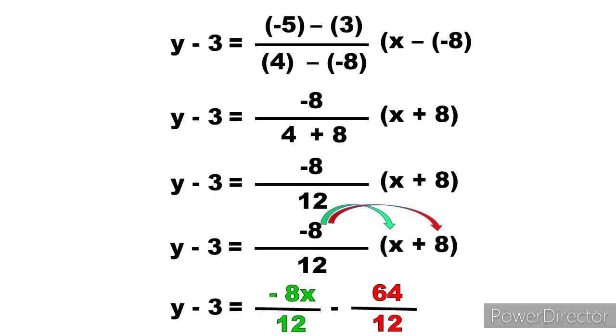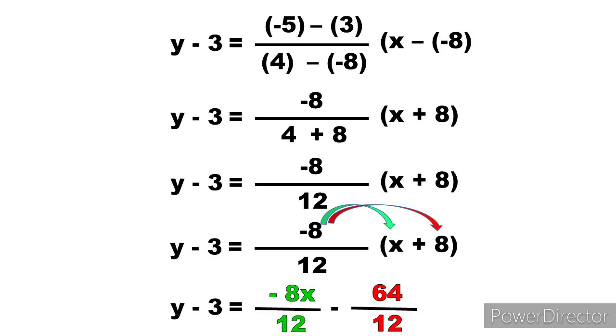So that's why we have 4 plus 8 times the quantity of x minus negative 8. So negative times negative 8 equals positive 8. Okay? Then next we have y minus 3 equals negative 8 all over 4 plus 8 equals 12. So now we have negative 8 over 12 times the quantity of x plus 8.